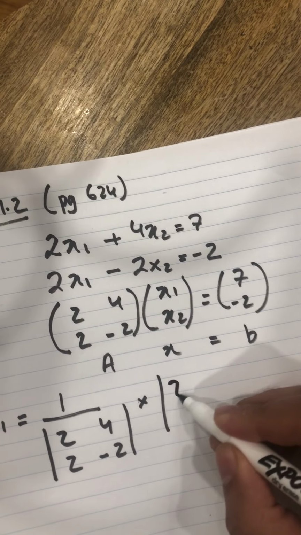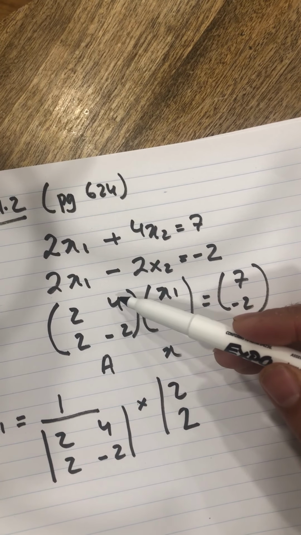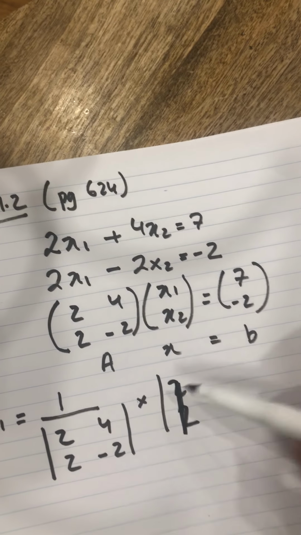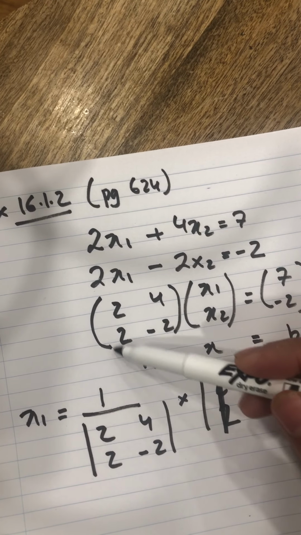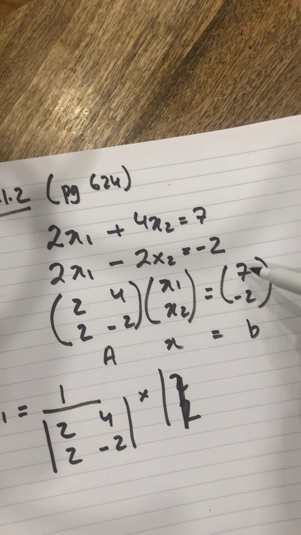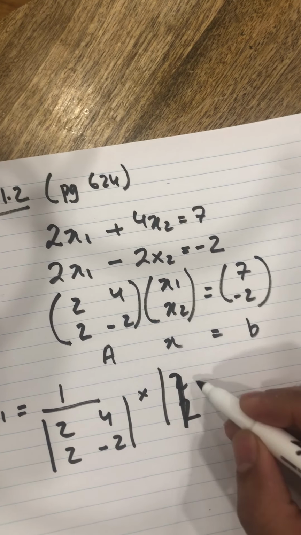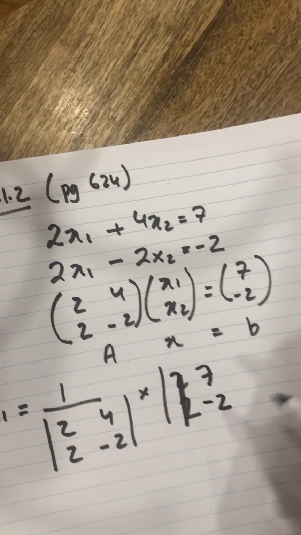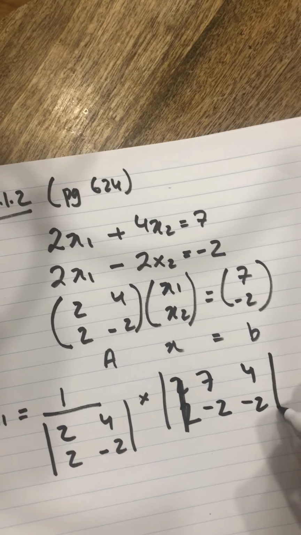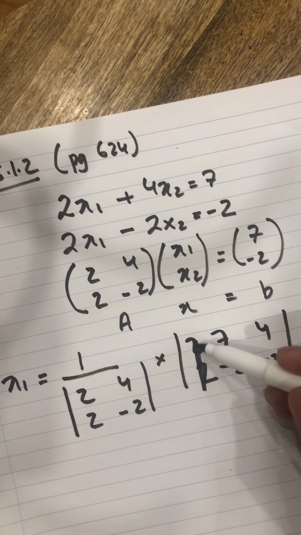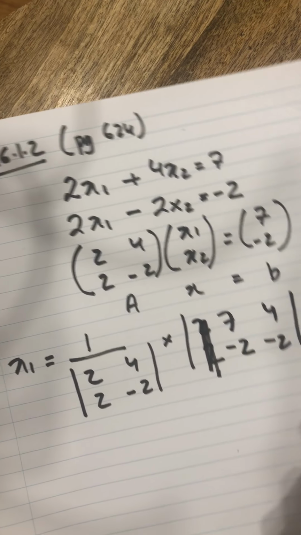The first column is going to stay the same, but because I'm finding x1, the first column gets replaced by these numbers here. So it's going to be 7, minus 2, and these numbers stay the same. If you compute this, you will be able to find the solution of x1.